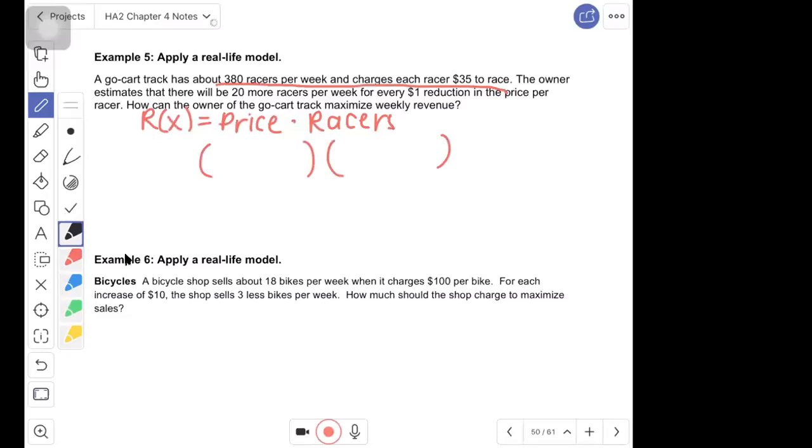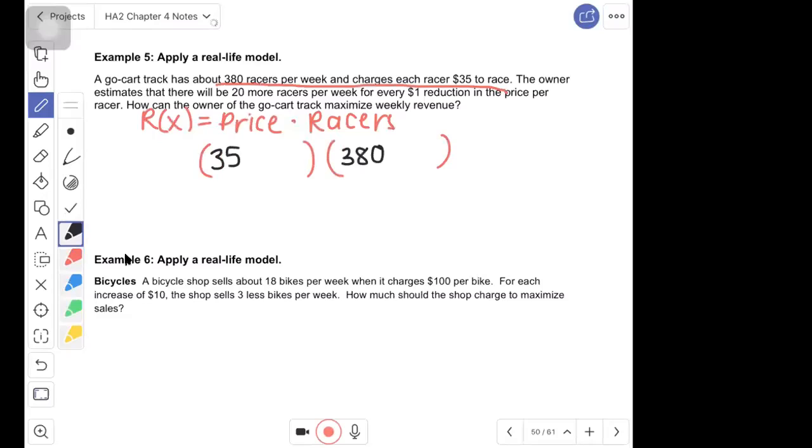They already are charging $35 to race, so I'm gonna put that in my price part. And when we charge $35 to race, we get about 380 racers per week. So that's what they're already charging and how many racers they're getting.